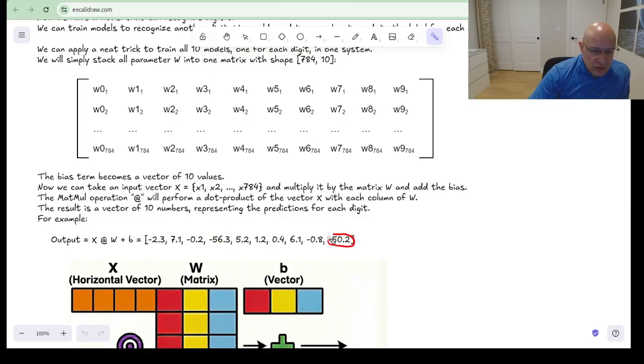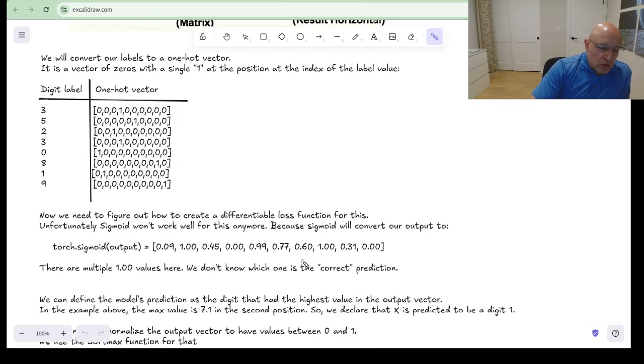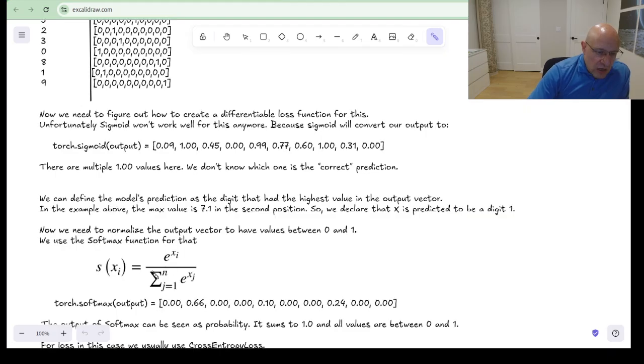And this will be the second smallest. So it preserves this ordering, and all numbers are positive. And then after I exponentiated them, I simply divide them by the sum of all of these numbers, so that I get something that looks like probability.